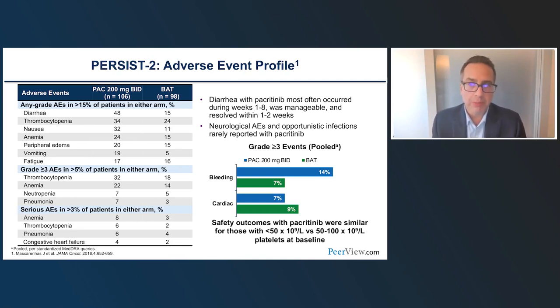This drug was put on a full clinical hold for a brief period of time in 2017 due to concerns by the FDA of increased cardiovascular and bleeding risk, leading to mortality risk with pacritinib. When the data was reviewed in its entirety, it was clear that there really wasn't an increased cardiac toxicity risk with pacritinib, perhaps at least in the PERSIST-2, an increased bleeding risk, which might be independent of the depth of thrombocytopenia.